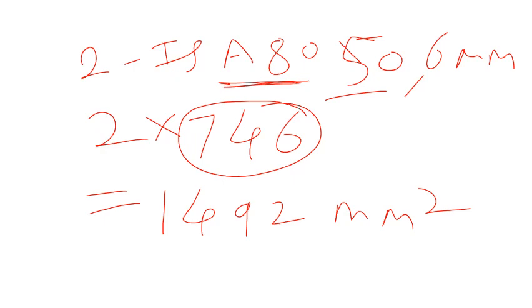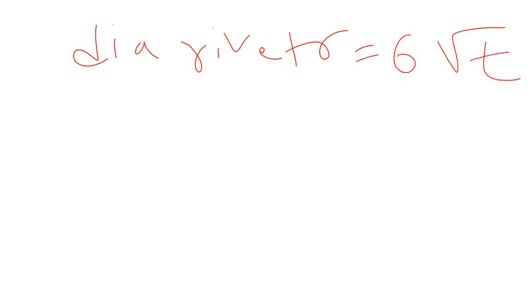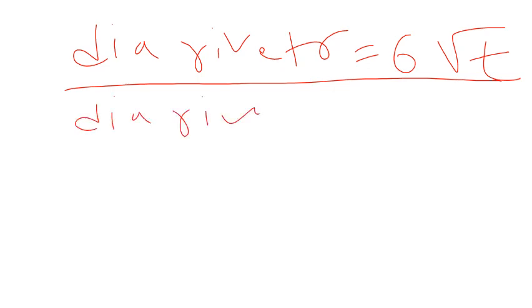Once we have that, the next job will be to find out the diameter of the rivets. Generally we know that the diameter of the rivets is calculated as 6 square root t. You can use this formula, or you can just guess the diameter, that is also okay. I am using diameter of rivets equal to 20 mm.